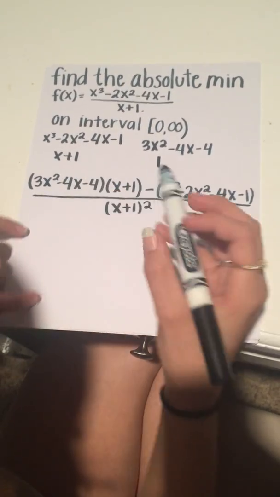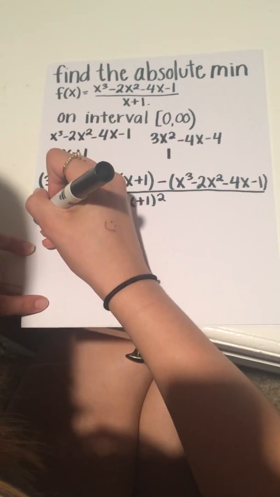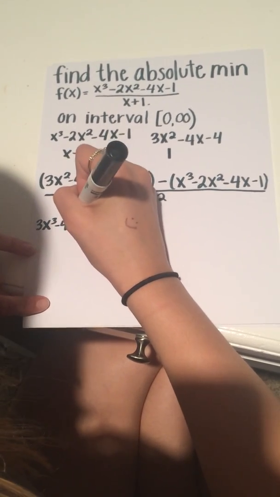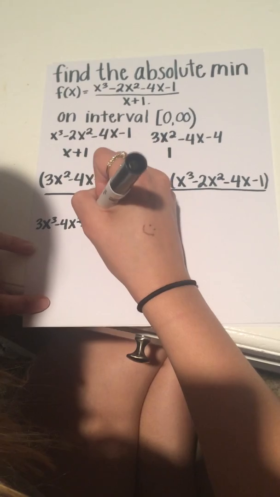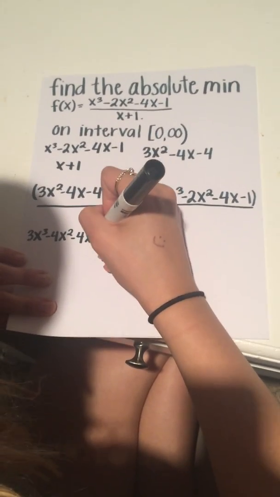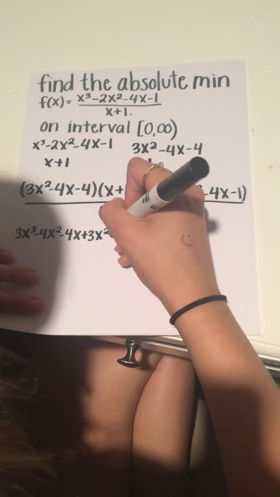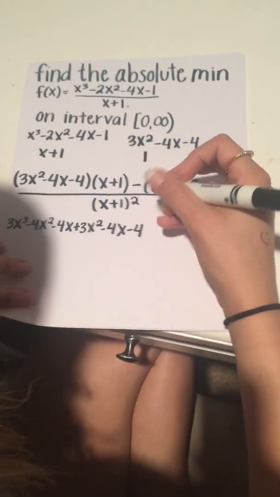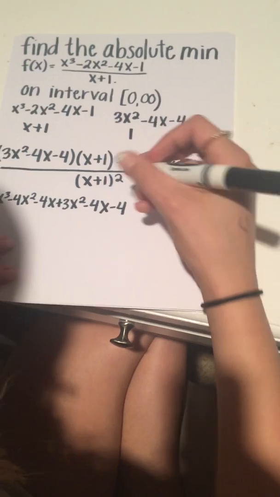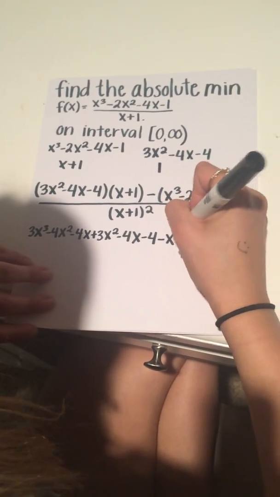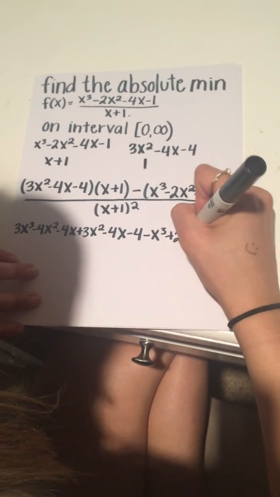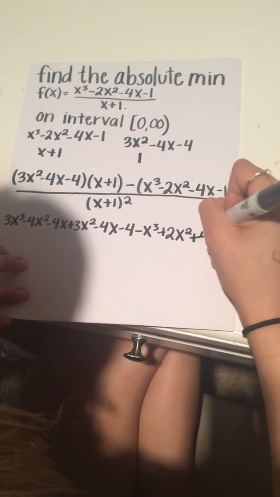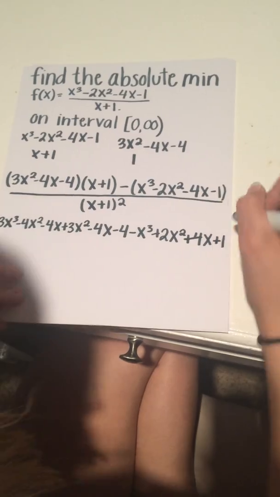And then we're going to factor this out. So we're going to have 3x to the third minus 4x squared minus 4x plus 3x squared minus 4x minus 4, and then here we're going to factor out the negative: x to the third plus 2x squared plus 4x plus 1.